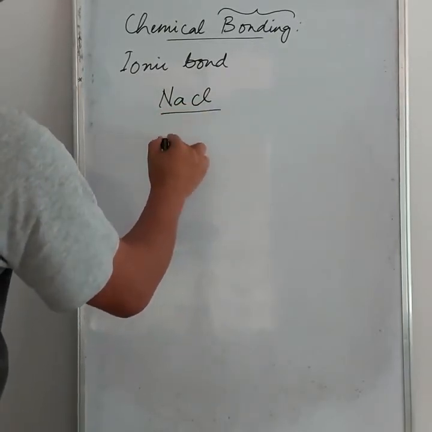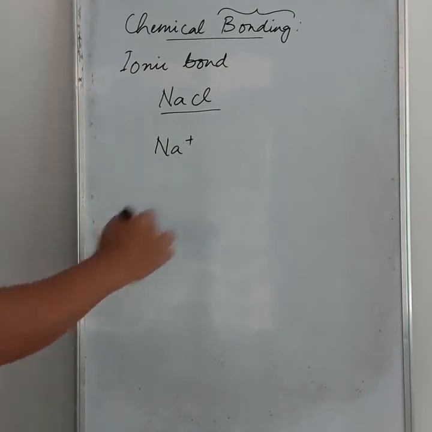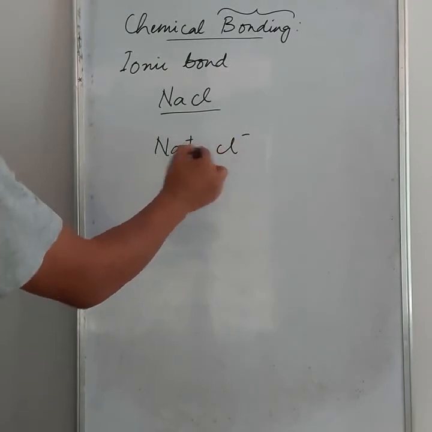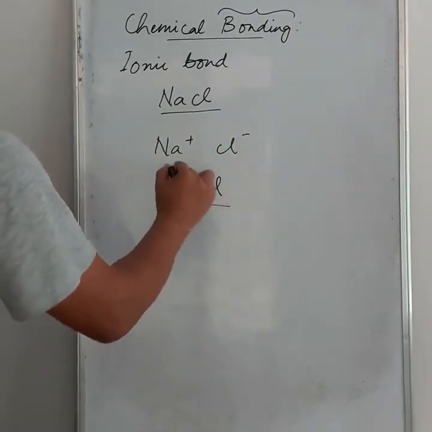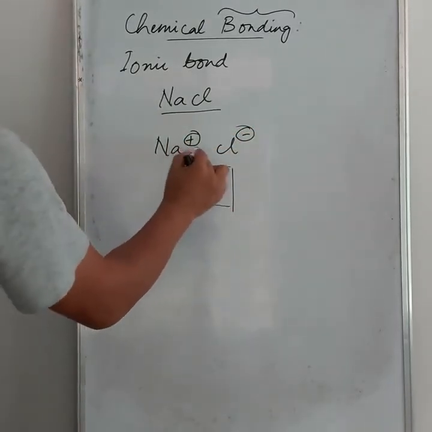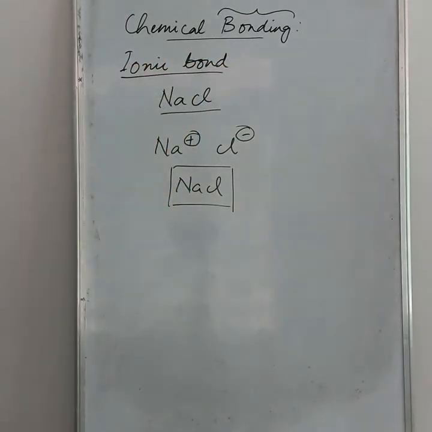Sodium has a positive charge and chlorine has one negative charge. So when these two combine, they give us sodium chloride. If the bonding between two atoms is made up of charges, then we call them ionic bonds, or ionic compounds.